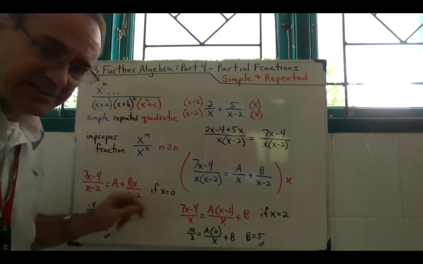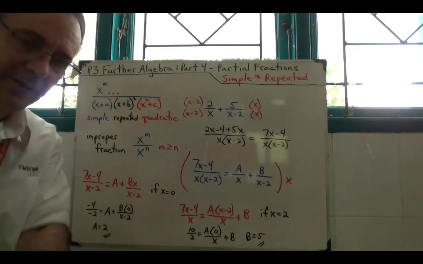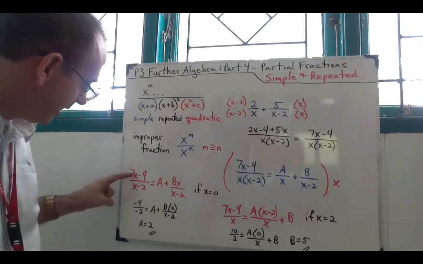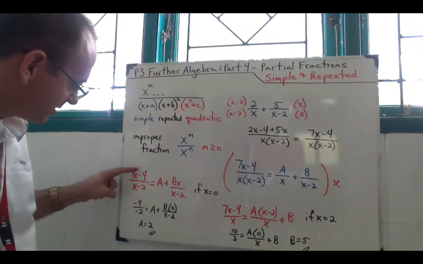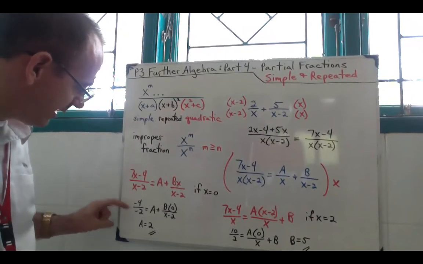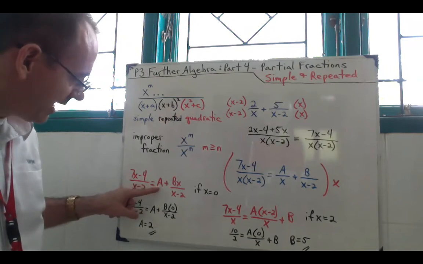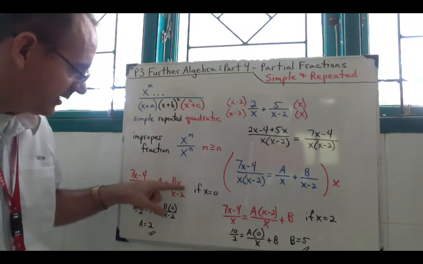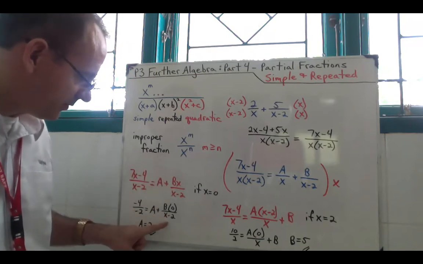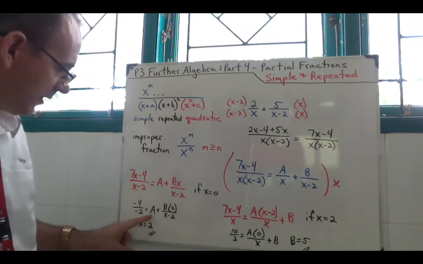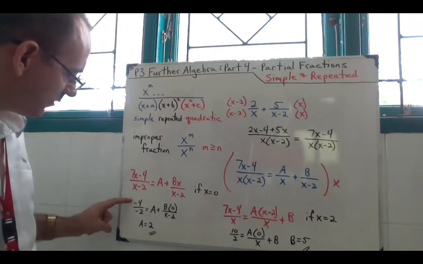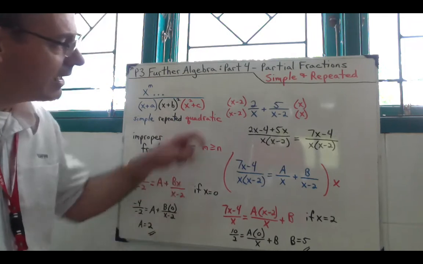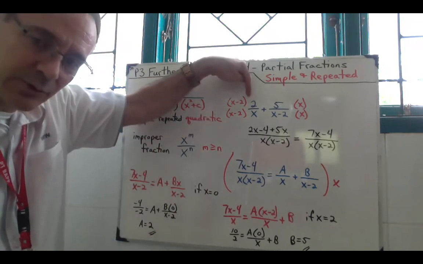So if x is equal to 0 and we plug in a 0 for the x's, we now have -4 over -2 equals a plus, and this is multiplied, so this whole fraction cancels out and becomes 0, so that a now equals -4 divided by -2, which is 2. And notice that is exactly what we started with.